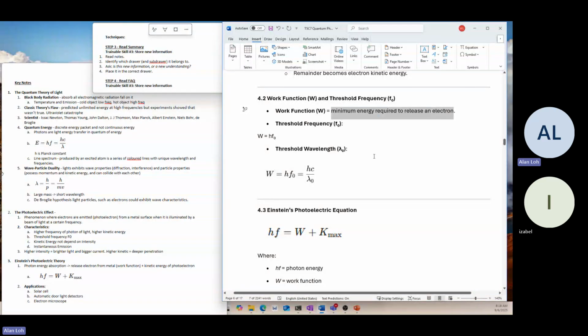It's the minimum energy required to release an electron. Right? Minimum energy required to release an electron. That is the work function. It's like you need to pay a ticket to go somewhere. You need to pay a ticket to fly from Saudi back to New Zealand. Right? So there's a minimum cost that is needed. Without that money, without that energy, you cannot fly. The electron cannot be emitted out, right?